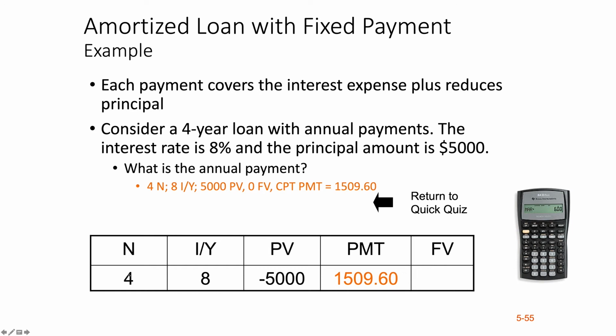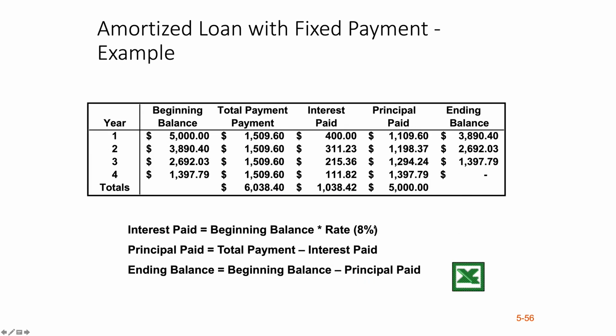Now, how do you distribute it to cover both the interest and the reduced principal? Here is the decomposed part. I have to use a financial spreadsheet to show you that. At the very beginning, the loan balance is $5,000. The constant payment occurs at the end of the first year, 1509.60.